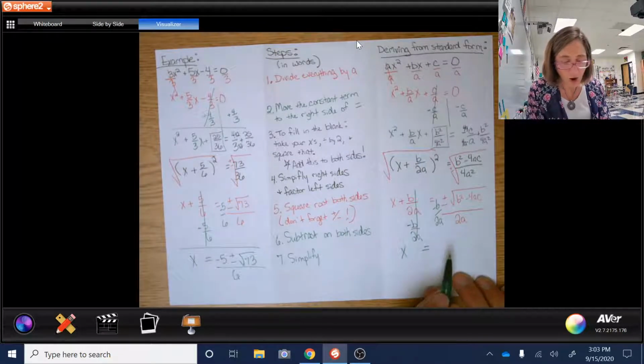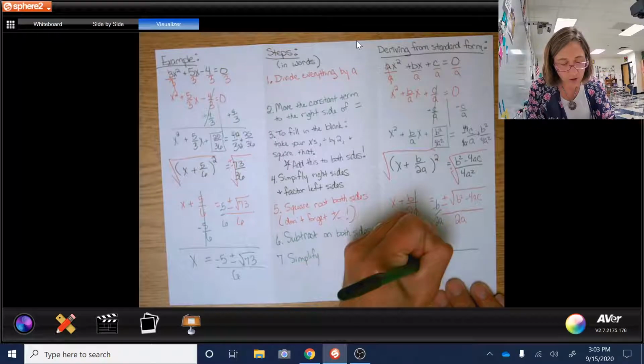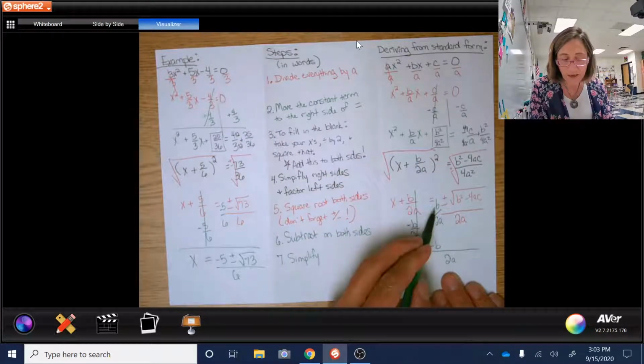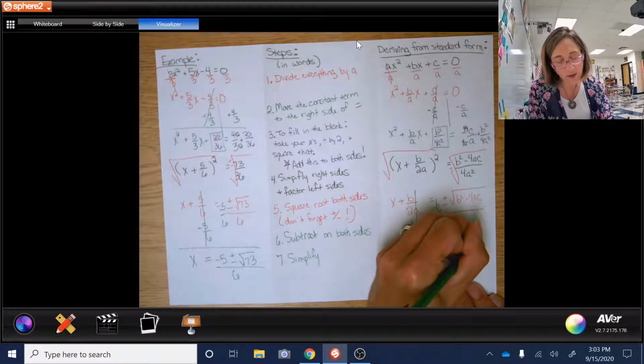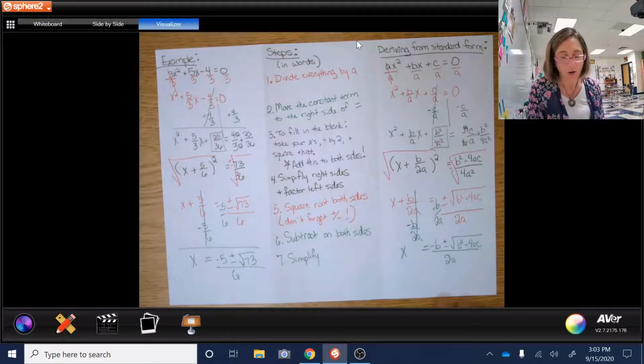Over on the right column here, I already have a common denominator. So it's 2a, so I'm going to put it all over 2a. And so my numerator is going to have the negative b from right here, and then it's going to have plus or minus the square root of b squared minus 4ac all over 2a.